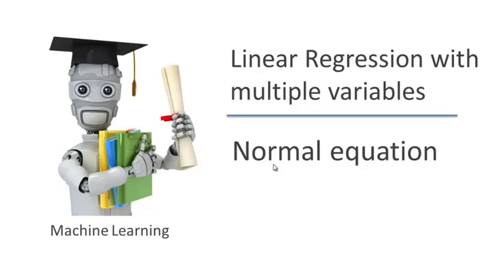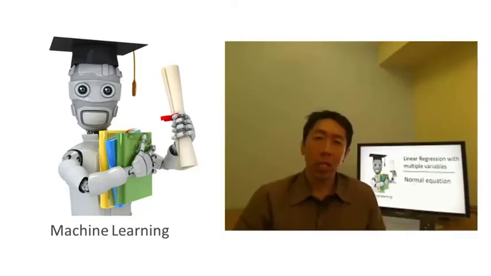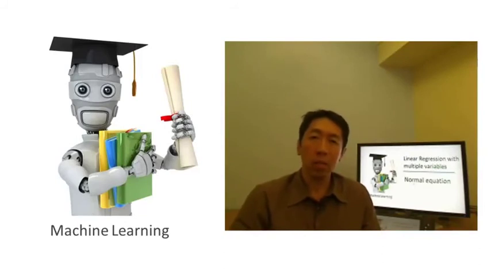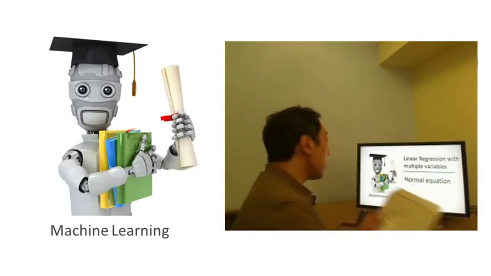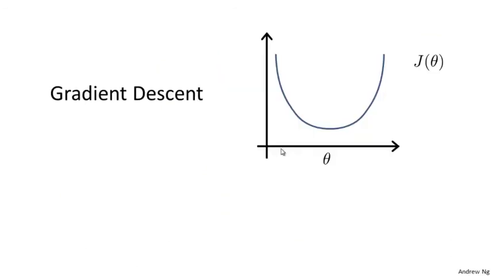In this video, we'll talk about the normal equation, which for some linear regression problems will give us a much better way to solve for the optimal value of the parameters theta. Concretely, so far, the algorithm that we've been using for linear regression is gradient descent, where in order to minimize the cost function J of theta, we would take this iterative algorithm that takes many steps, multiple iterations of gradient descent, to converge to the global minimum.